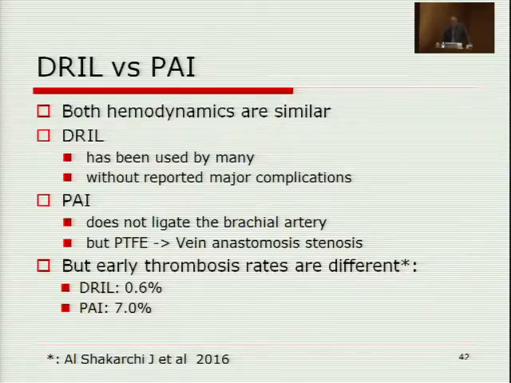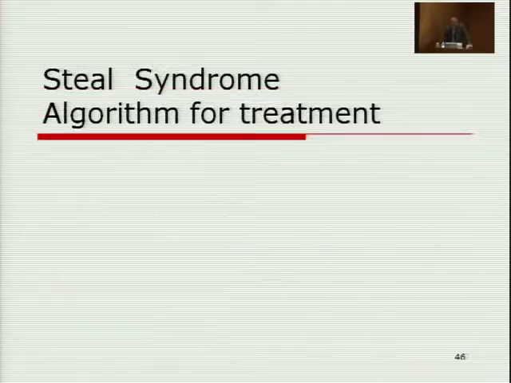PI has the great advantage of not ligating the brachial artery, which could be a problem for the future if the revascularization graft thrombosed, but the PTFE to vein anastomosis will develop a stenosis. But you must see that early thromboses of the fistula are quite different, 0.6% for DRIL and 7% for PI.